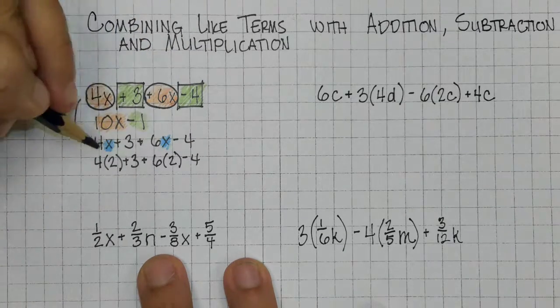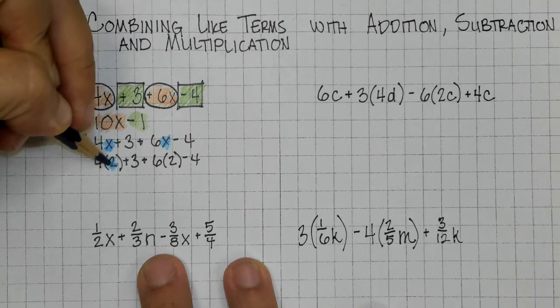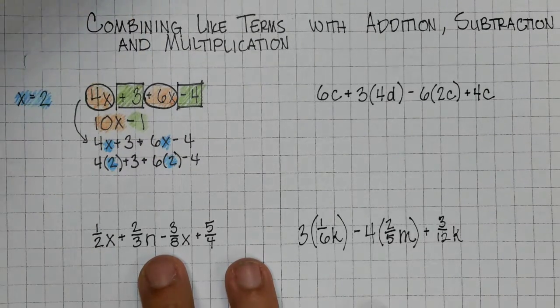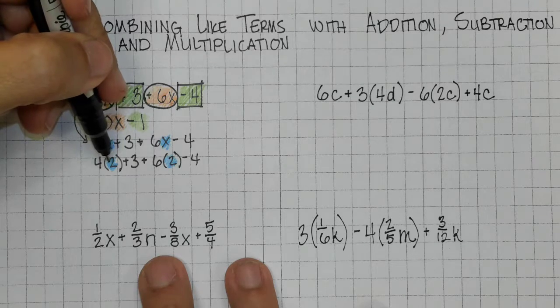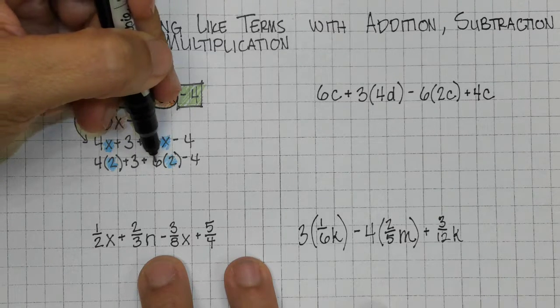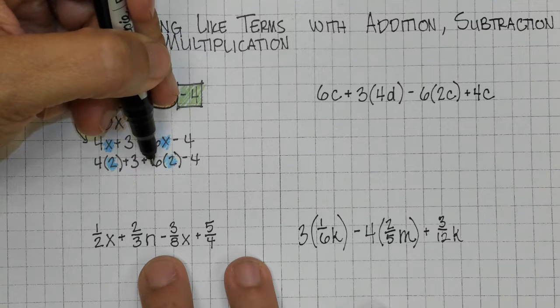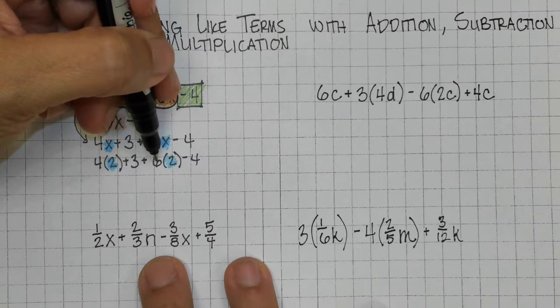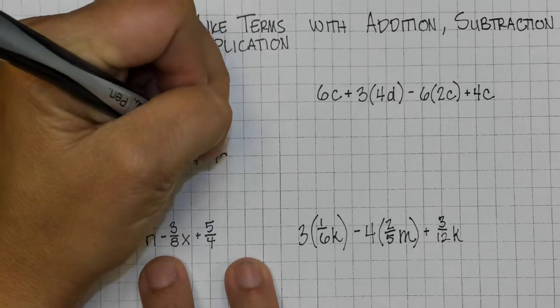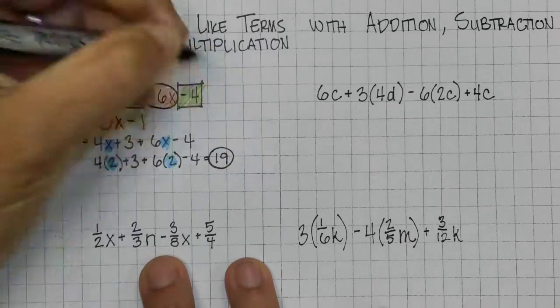And you can see that when I got to the x, those became 2's. So when I solve this, I've got 4 times 2, that's 8, plus 3 is 11, plus 6 times 2 is 12, so I'm at 11 plus 12 is 23, minus 4 equals 19 as our answer.